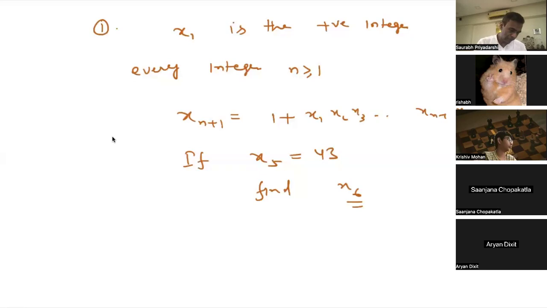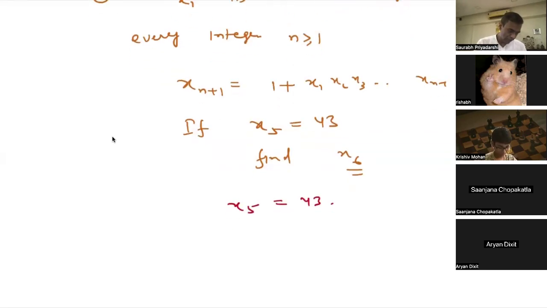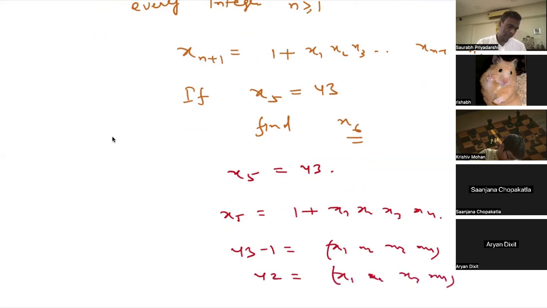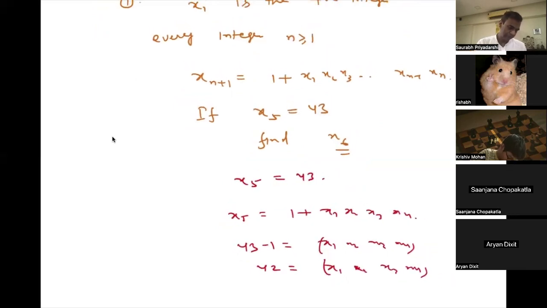See, x5 is 43. So x5 is 43. 1 plus x1, x2, x3, x4. So 43 minus 1 is equal to x1, x2, x3, x4. This is coming as 42. Right?